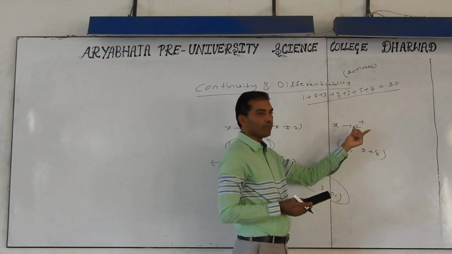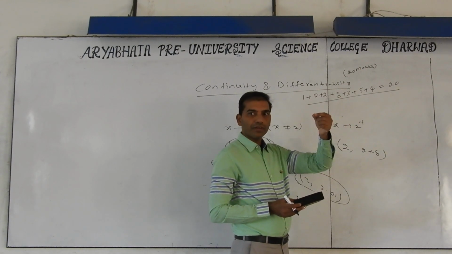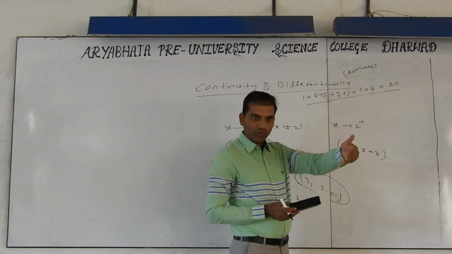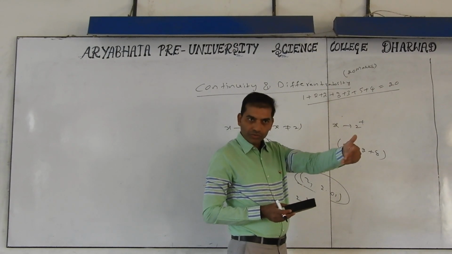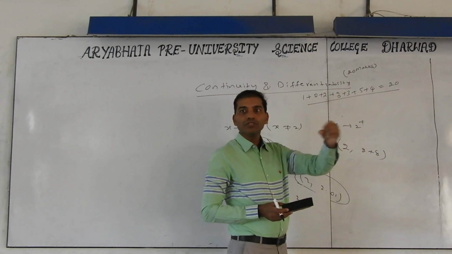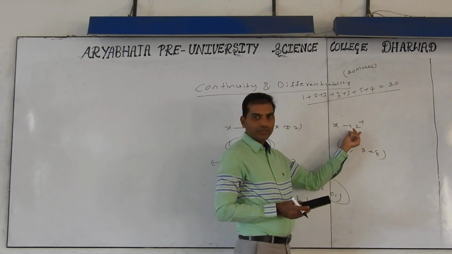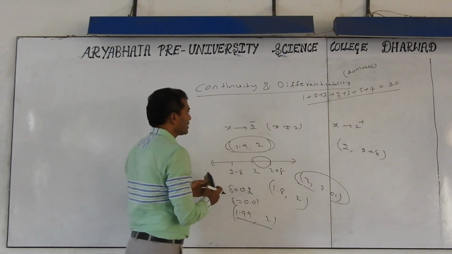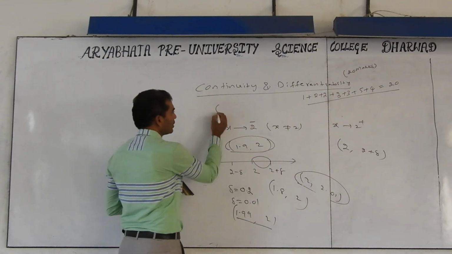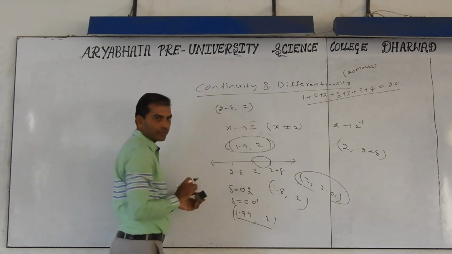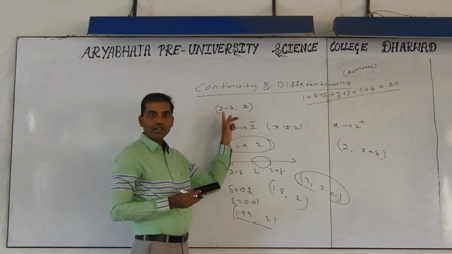So x tends to 2 plus means, for example, x equal to 2.1, 2.001, 2.012, 2.013. Those are in the right neighborhood of 2. Understood? Next, x tends to 2 minus means the left neighborhood of 2, which we can write as the open interval (2 minus delta, 2).